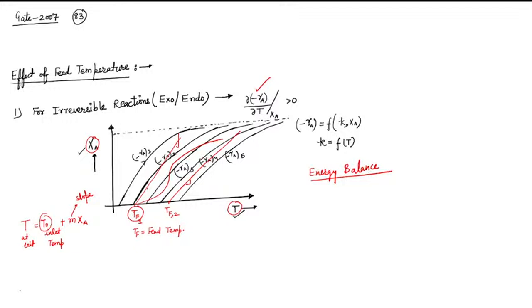With the same slope, T is equal to T naught plus m xa, and that m is fixed. So will the temperature at the exit increase or not? Will it be or not? So the temperature at the exit will be more.